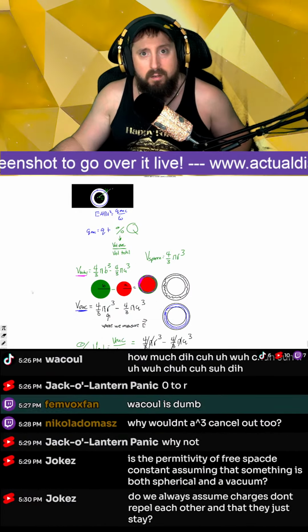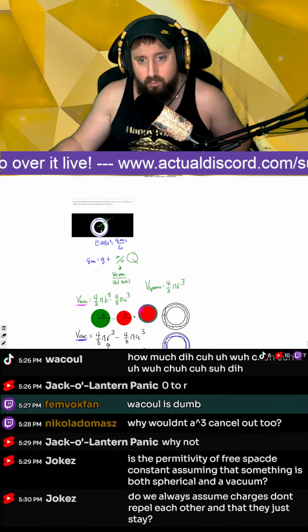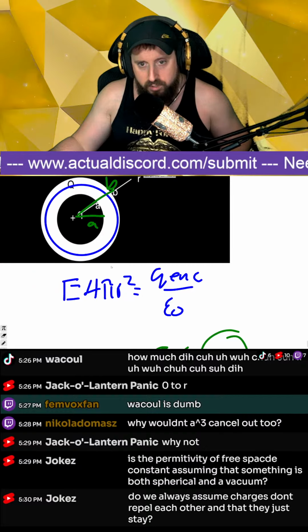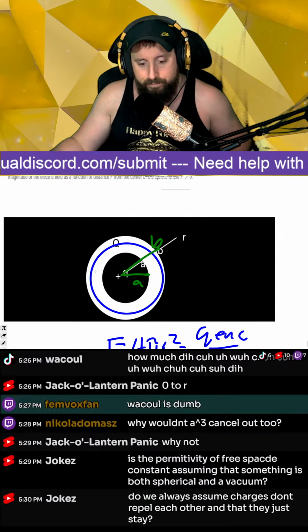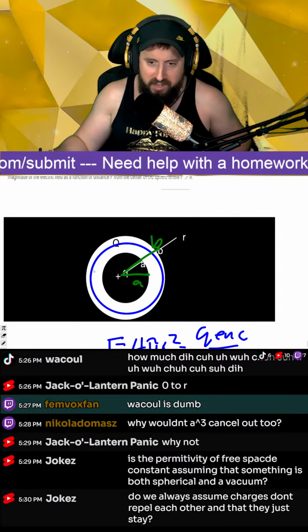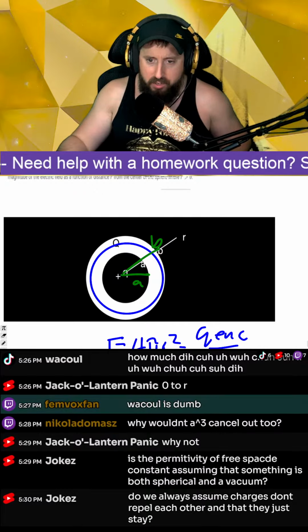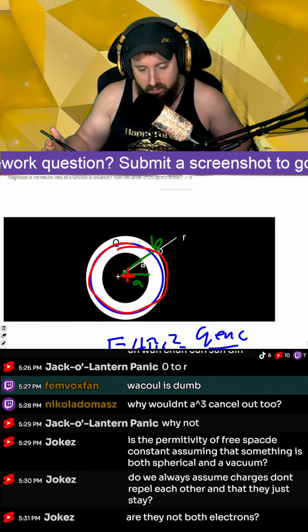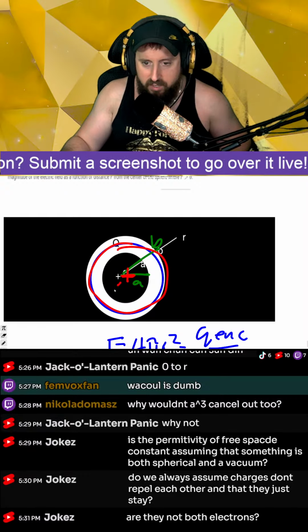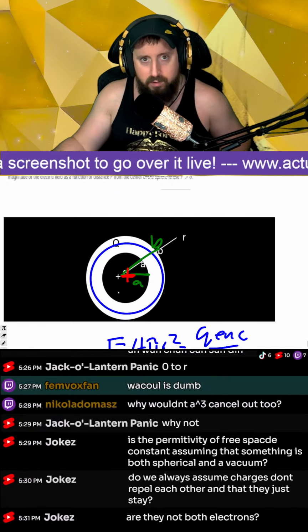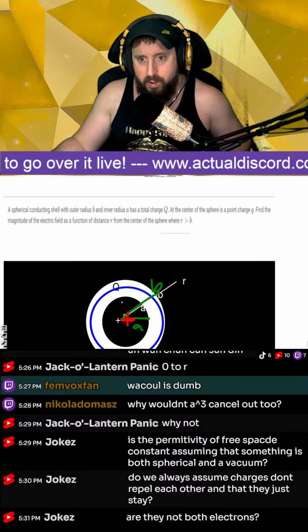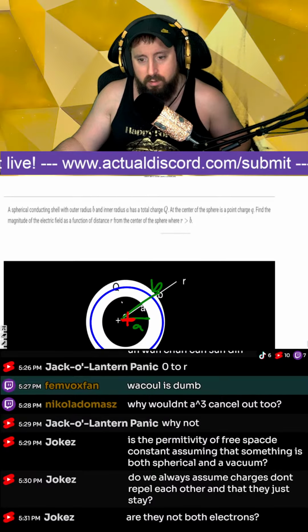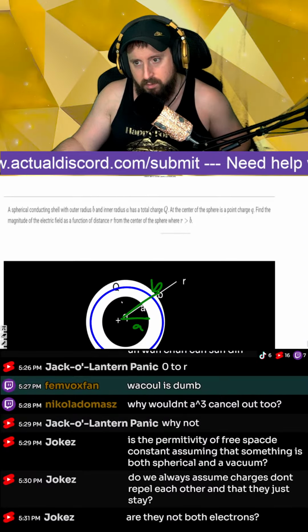Okay. Yes, we assume that the charges, in this case, would have to stay. If you have a positive charge in here, and a positive charge on the surrounding ring, this charge isn't going anywhere. It acts like a spring. It keeps it in the center. They're both positive charges.